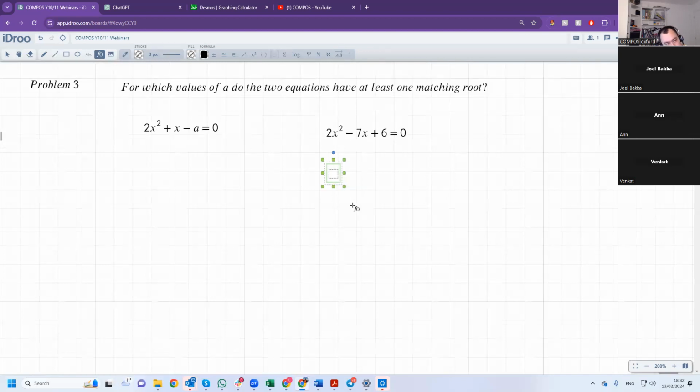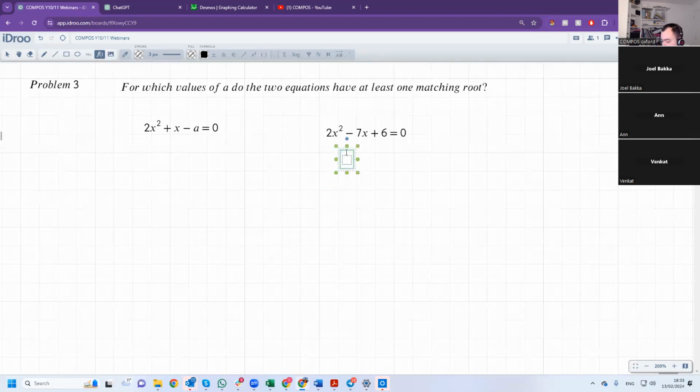Do we know the roots? Okay. Yeah, we can find the roots.